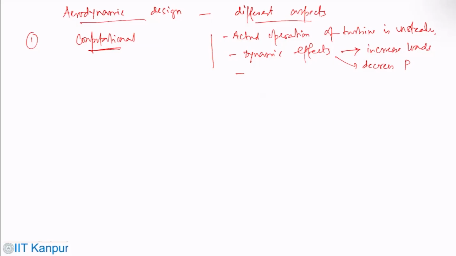So now here we talk about how you can analyze those kinds of things, but obviously you need to adopt a computational approach. That means you need to solve or analyze the complete turbine using this kind of methodology.